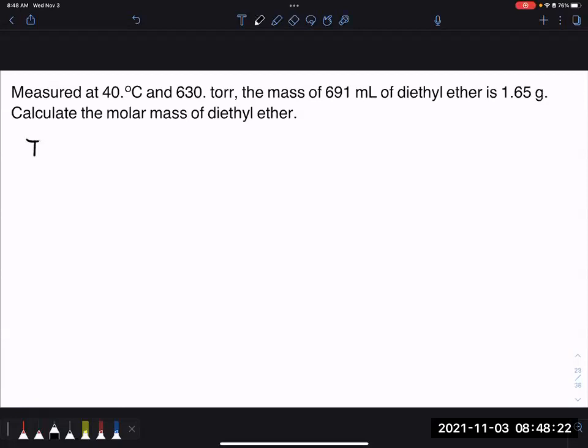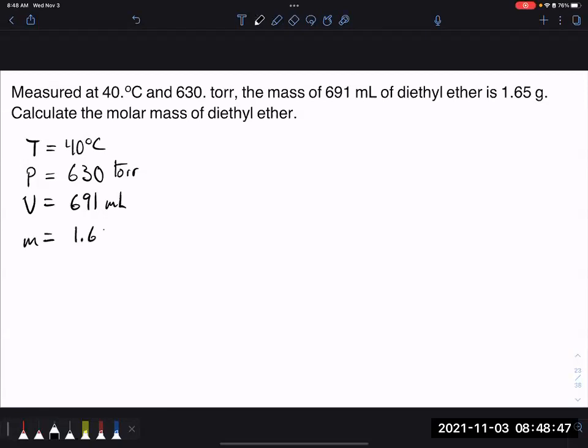We've got a temperature, that's 40 degrees C. We've got a pressure, 630 torr. And then we've got a volume, 691 milliliters. And we have a mass as well, 1.65 grams.